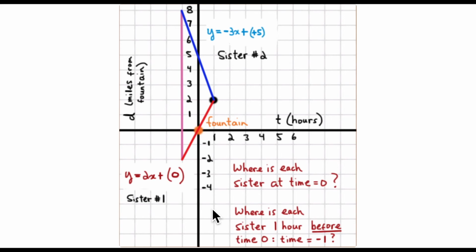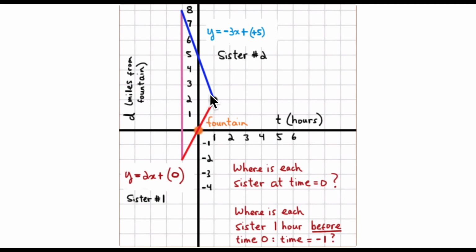So where is each sister 1 hour before time 0? If you go backwards in time 1 hour, from where sister number 1 is at the fountain, she's traveling 2 miles per hour, so you go backwards 2 miles. So -1 hour, and 2 miles south. So she's going to be 2 miles south of the fountain 1 hour before time 0.